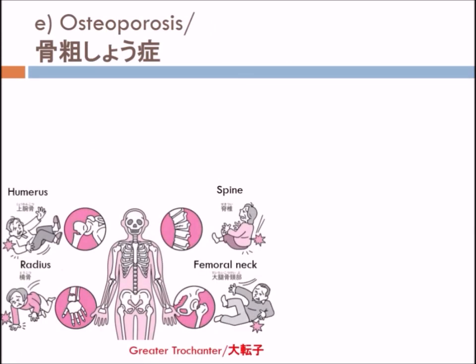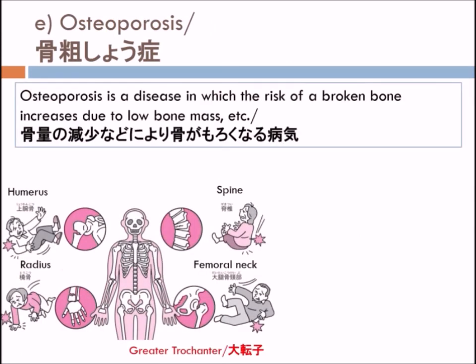Osteoporosis. Osteoporosis is a disease in which the risk of broken bone increases due to low bone mass, etc. It is caused by being bedridden for a long time, calcium deficiency, etc. Women become more vulnerable when the female hormone level goes down.